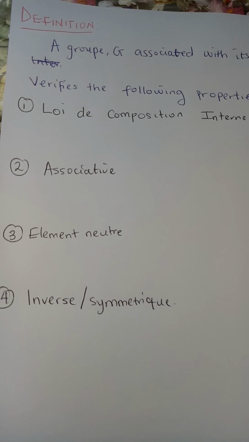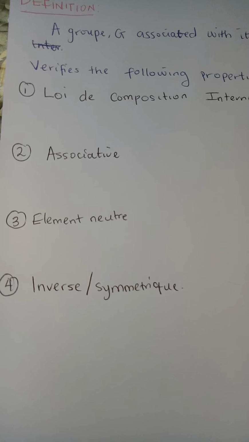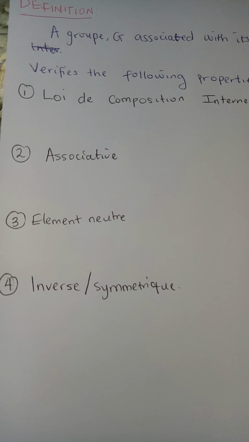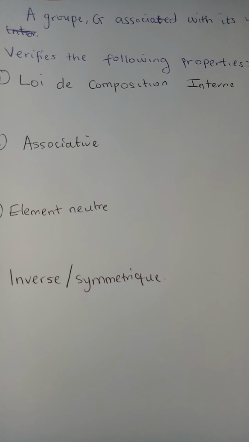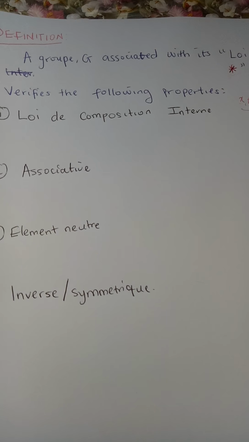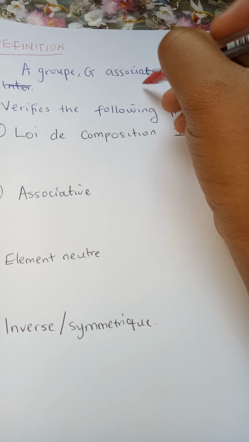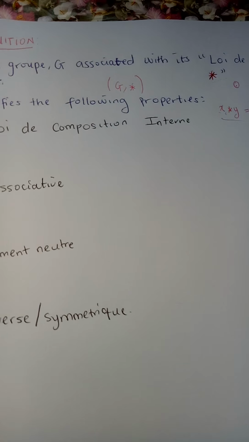If it verifies these four properties, which are loi de composition interne, associative, élément neutre, inverse ou symétrique, then we can say that it is a group. In place of saying G and then this, I can simply say G étoile.